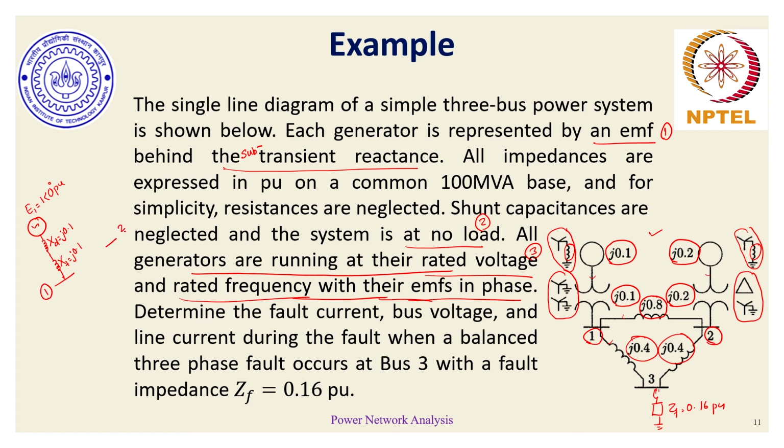Similarly, for bus 2, I have an internal EMF E2, whose value I'll mention in a moment. Then I have XD of generator 2, which is j0.2, and XT, the second transformer, which is again of reactance j0.2 per unit. What do you guess should be the value of E2?